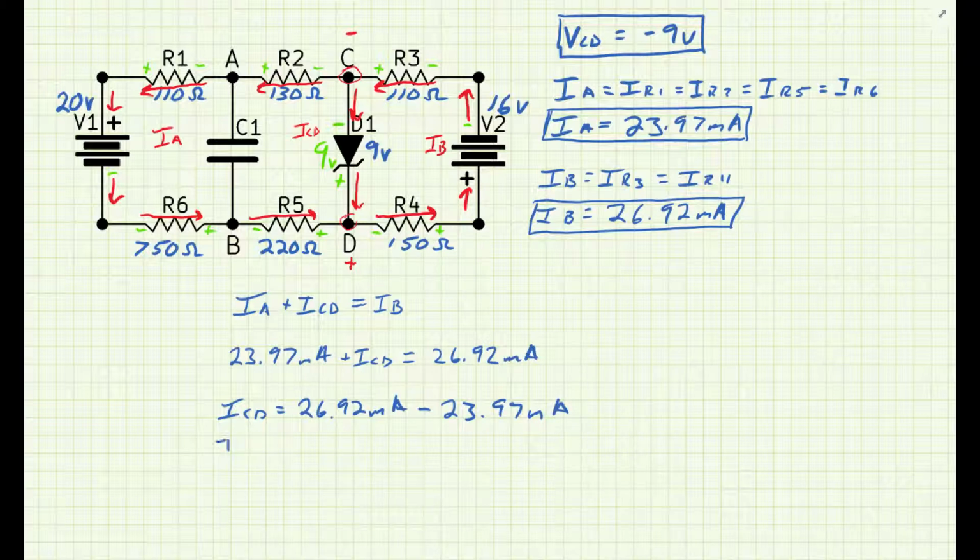Alright, ICD equals, now I can't show you my calculator, but I will go ahead and do that right now. 26.92 milliamps minus 23.97 milliamps gives me an ICD of 2.956 milliamps.